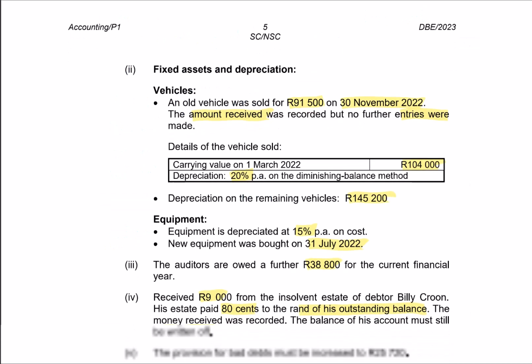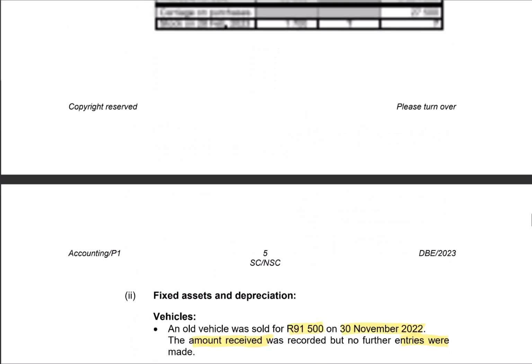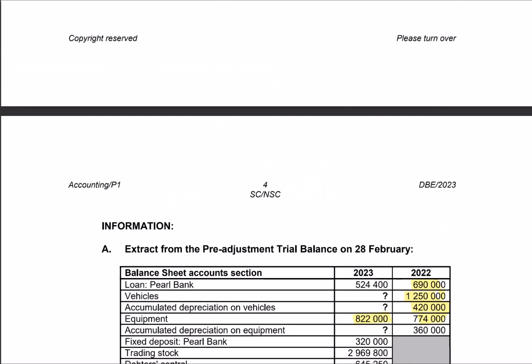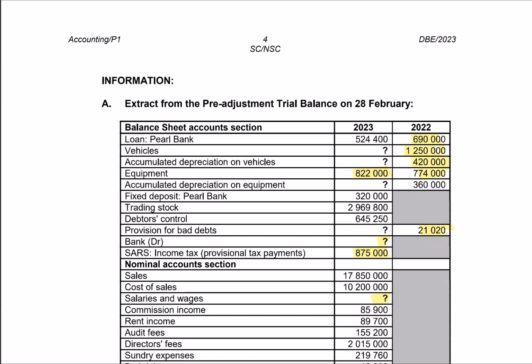And then equipment is depreciated 50% per annum on cost. New equipment was bought on 31 July. So we check on our equipment. Equipment, we have 82,000.